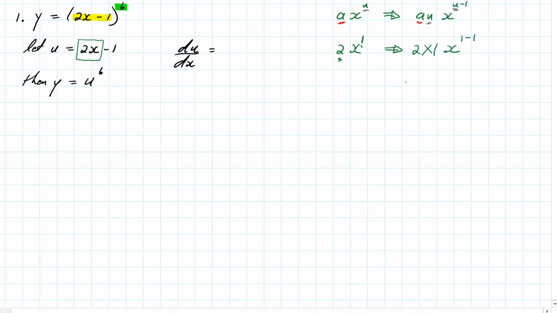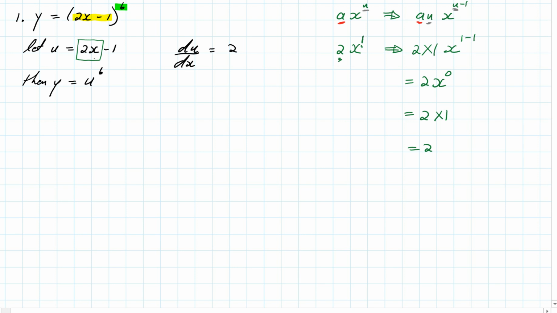This becomes 2 times 1, which is 2. x to the power of 1 minus 1 is x to the power of 0, and you should know by now that anything to the power of 0 is equal to 1, and that gives us 2. So the derivative of 2x is just 2.